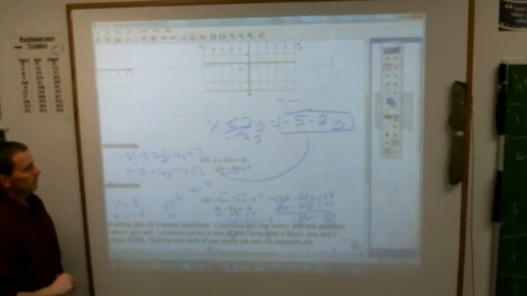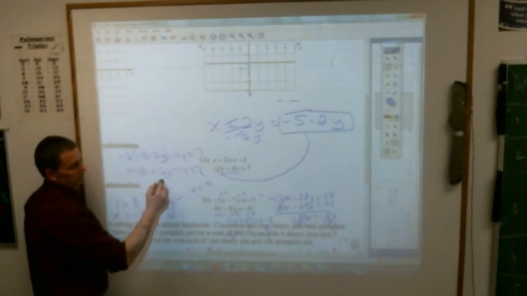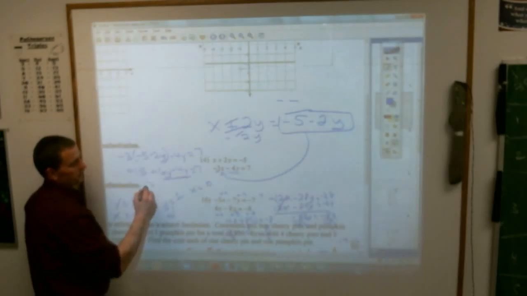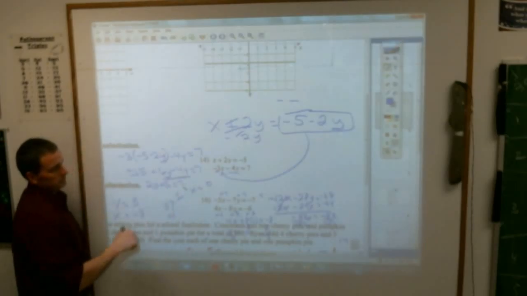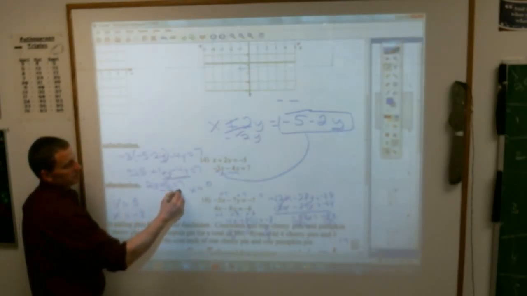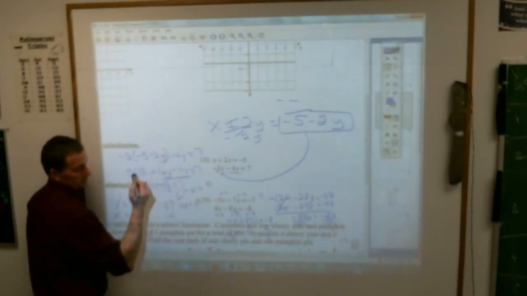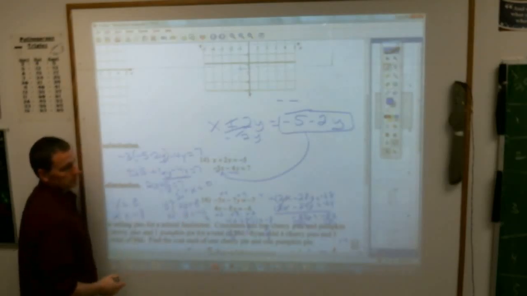I don't like substitution very well. How do I solve this? The first thing I have to do is combine like terms. 6y minus 4y is 2y. I still have the plus 15 equaling 7. Subtracting 15, 2y now equals a negative 8. So y equals a negative 4.